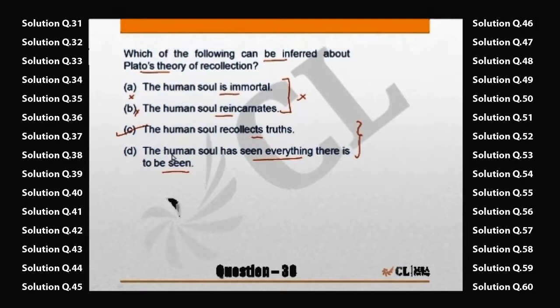What from the theory of recollection I can say is, what it has seen, it will remember. But has it seen everything? No, there is nothing in the passage which supports that it has seen everything. All we can say is, if it has seen something, it will remember. So recollection is the focus in the theory of recollection, and hence the correct answer has to be choice C.